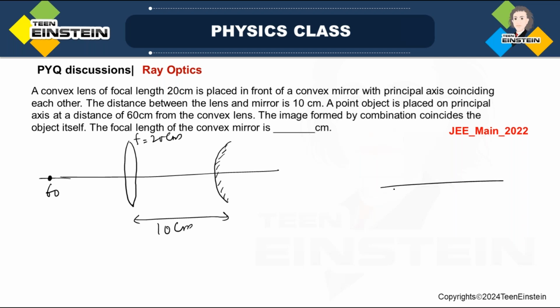See, even if I take a plain mirror, the reflected ray will retrace the path when there is a normal incidence. When there is a normal incidence, okay. So in this case also, in the case of a convex mirror, if the rays which are getting refracted pass through the center of curvature, somehow.